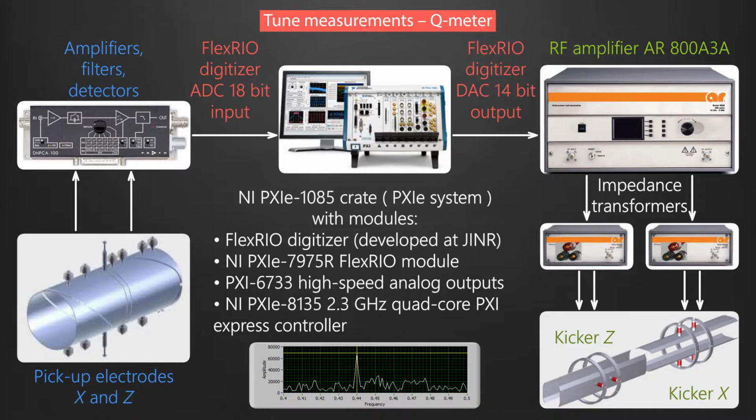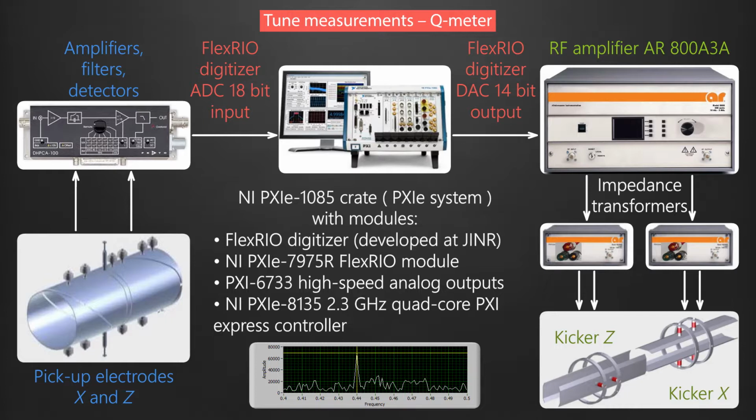They affect the beam, whereas the response signal of the beam is measured by pickup electrodes. Next, by processing the signal from the pickup electrodes, one can draw conclusions about the frequency of the betatron oscillations. Some of the technical parameters of the devices constituting a Q meter are shown on the screen.